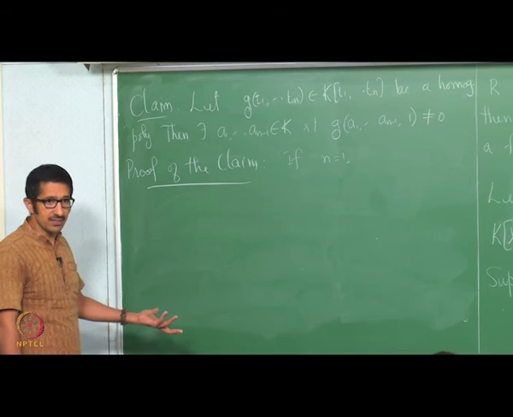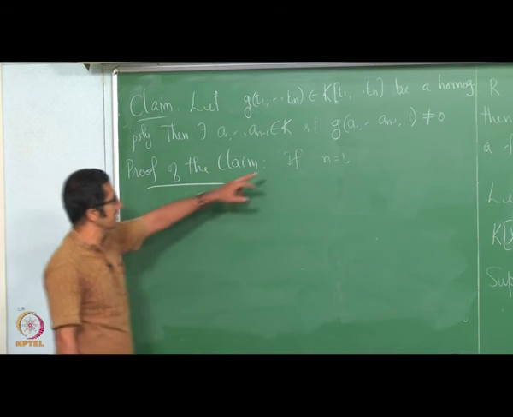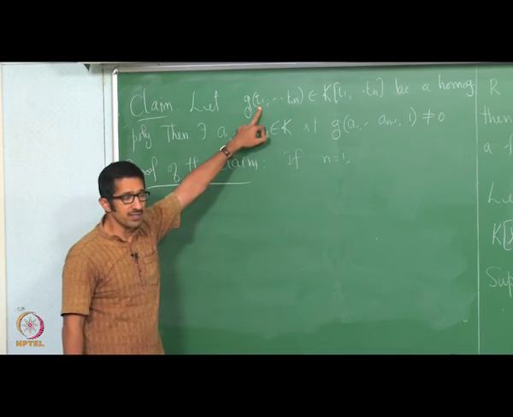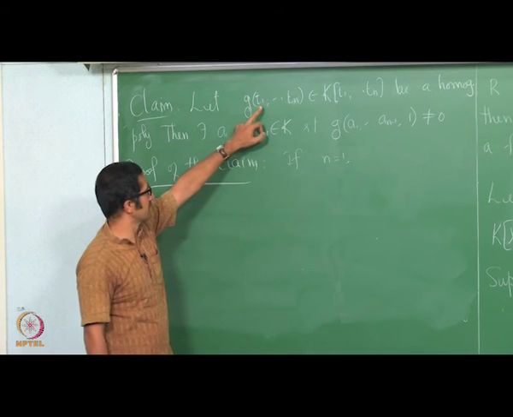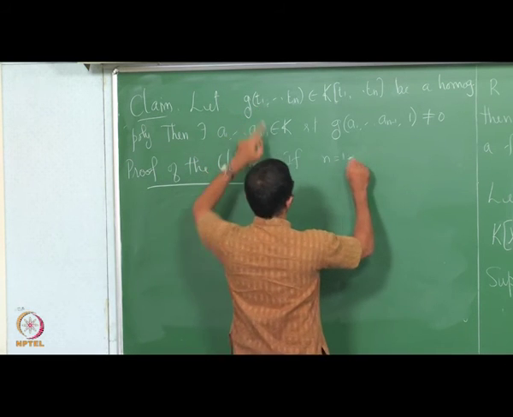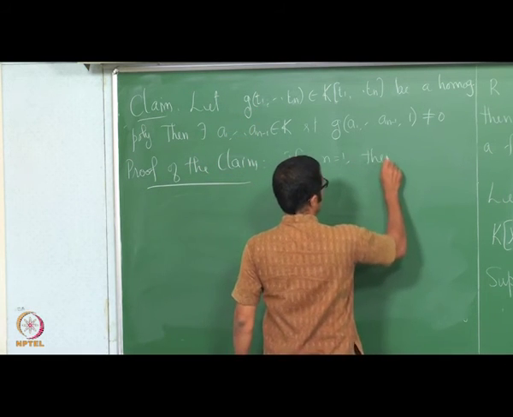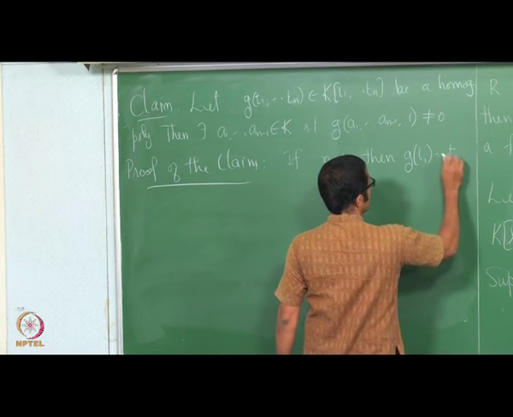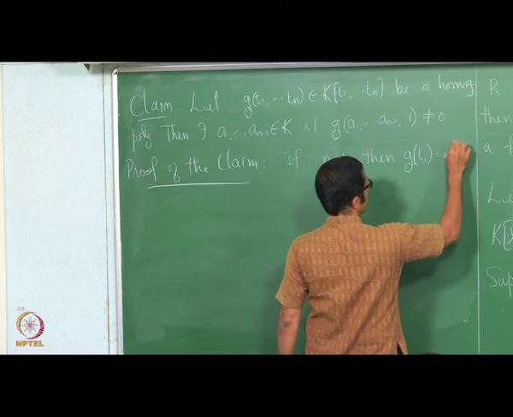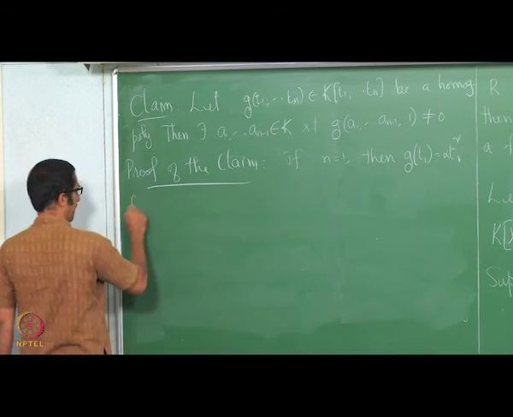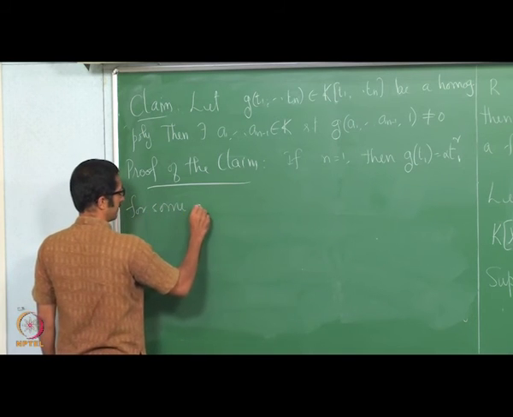Take any non-zero g. So if n is 1, then g of t1 is some alpha t1 power r for some r, because it is a homogeneous polynomial.